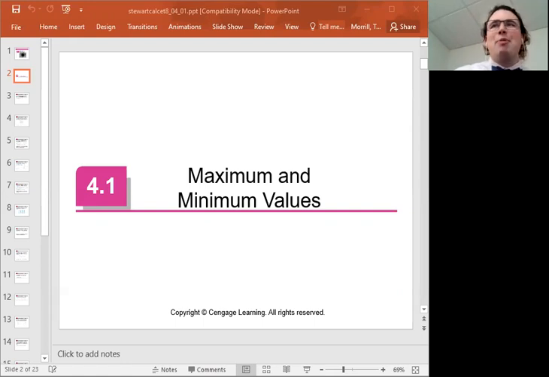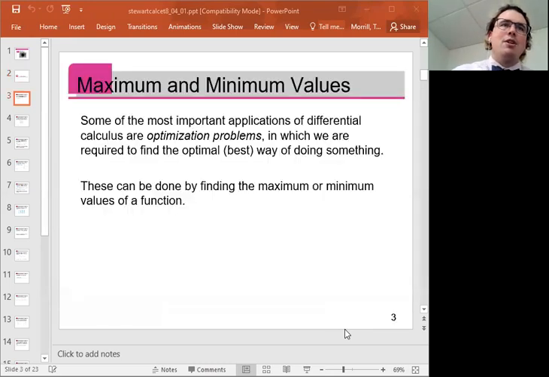So this is the topic for all of chapter 4. Let's start out looking at maximum and minimum values of a function. So lots of different disciplines ask us to optimize things, right?